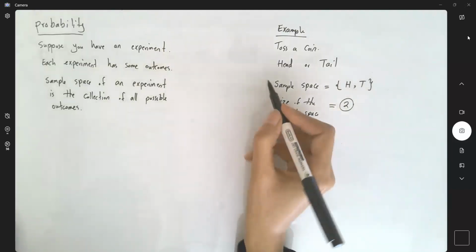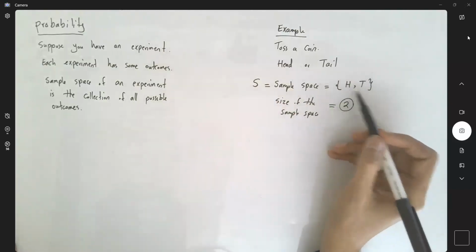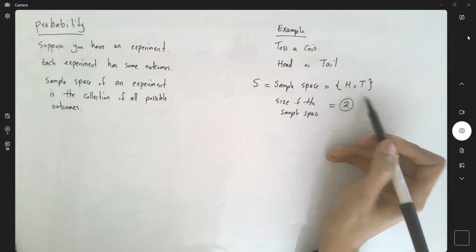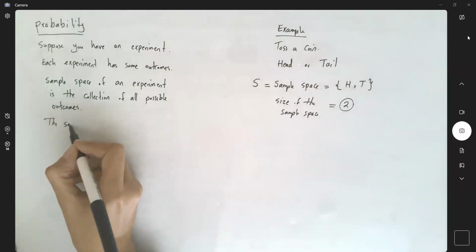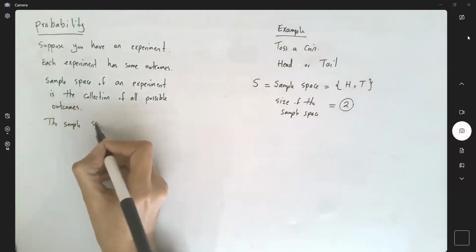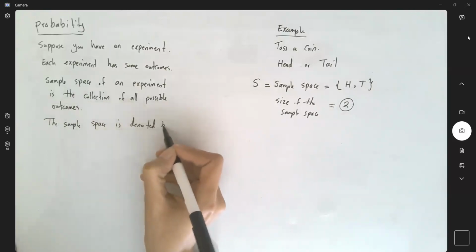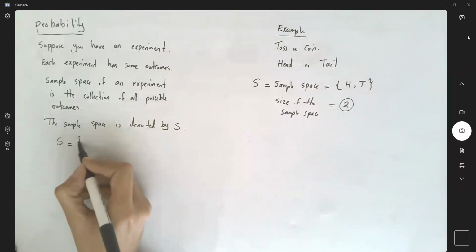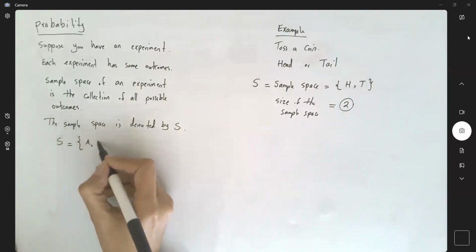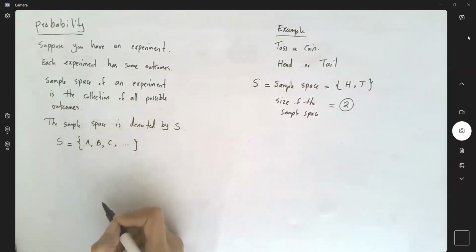We usually denote the sample space by S. Each one of these is considered a simple event. So the sample space is denoted by S. And we say that S is the set of A, comma B, comma C, and the rest of the events.